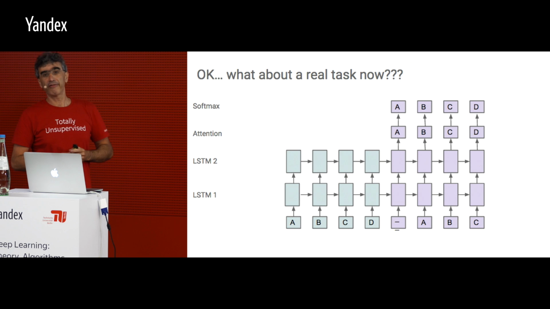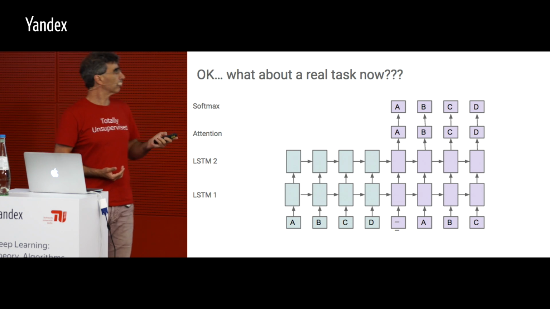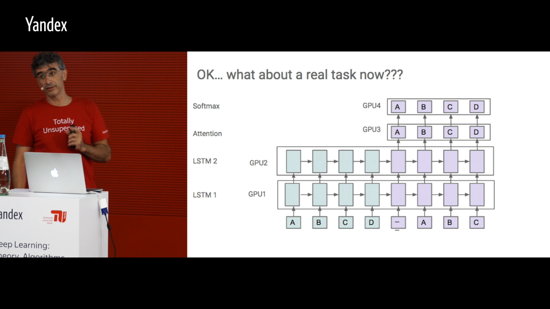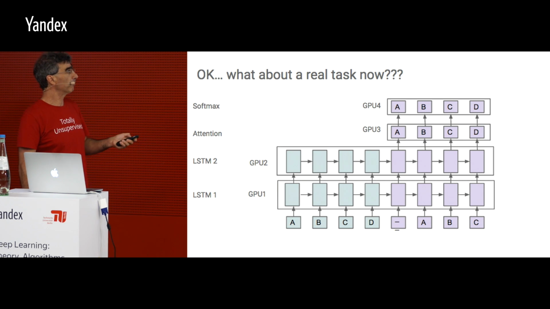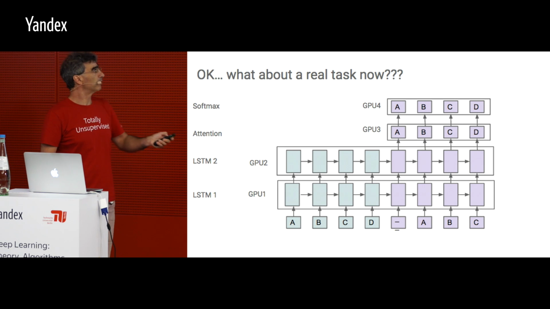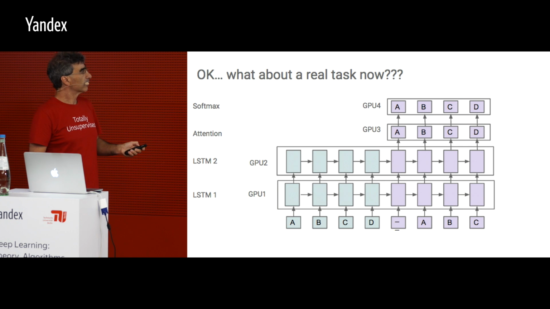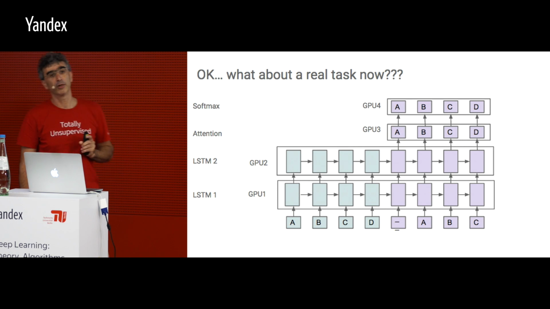You can put all of that on a single machine, but if it's big, you may have problems. So you could decide to put it on multiple machines. Here I give an example that is very simple. You put the first layer on GPU 1, your first GPU, the second layer on GPU 2, etc., so that you can, in parallel, compute things here while you compute things there, and then all this can go much faster than if you only use one GPU.